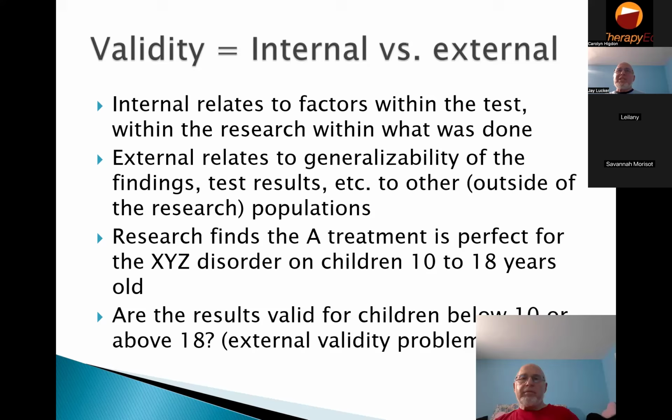Maybe this 6-year-old is just at kindergarten, first grade level, so we'll say that's okay. But what about the 10-year-olds? What about the 12-year-olds? Research finds a treatment is perfect for XYZ disorder on children 10 to 18 years of age. But here's the question: is it valid below 12, 10, and above 18? The answer is we don't have data to support that.